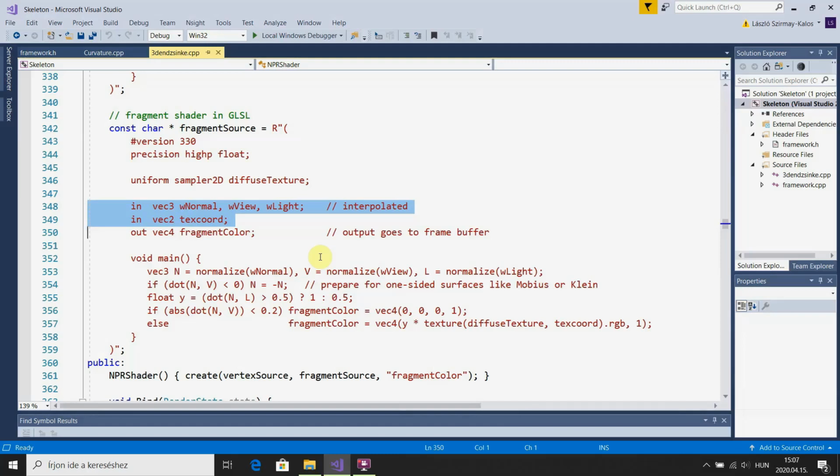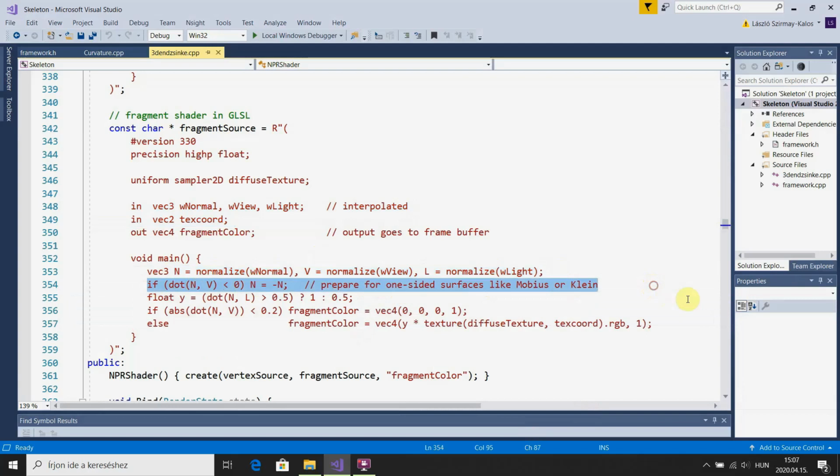Therefore we have some kind of quantized image. And additionally, painters like to draw the silhouettes of objects with black, and we also mimic that process in our shader. So let's see. First of all, the normal vector, view direction and illumination directions are normalized.